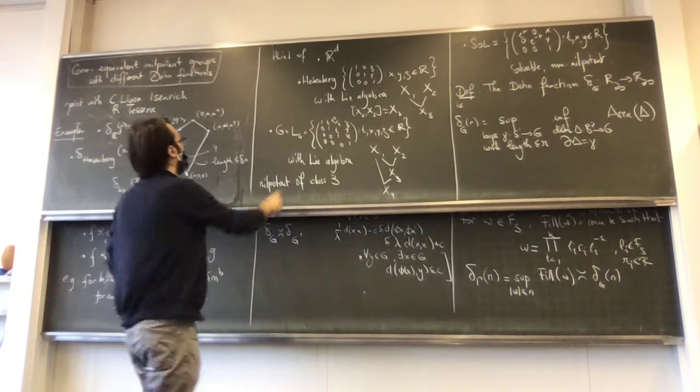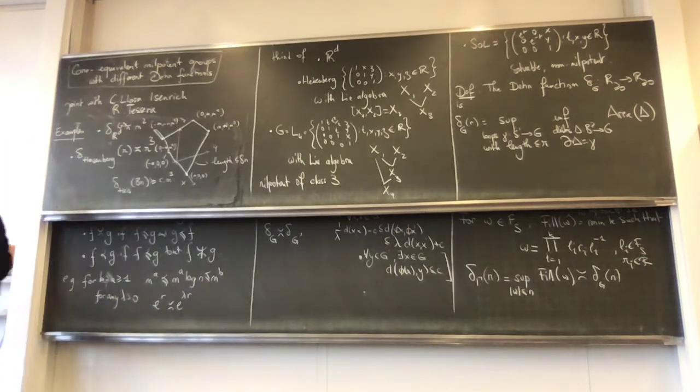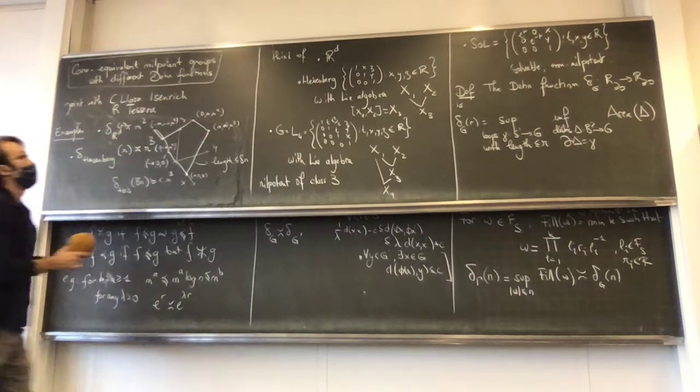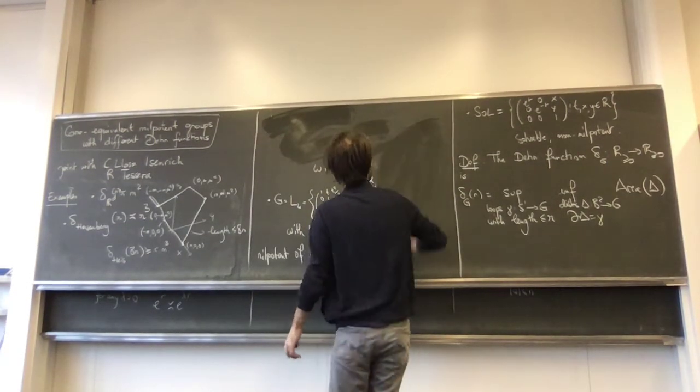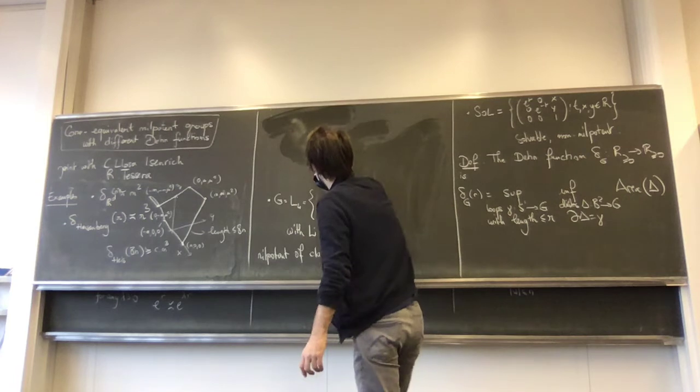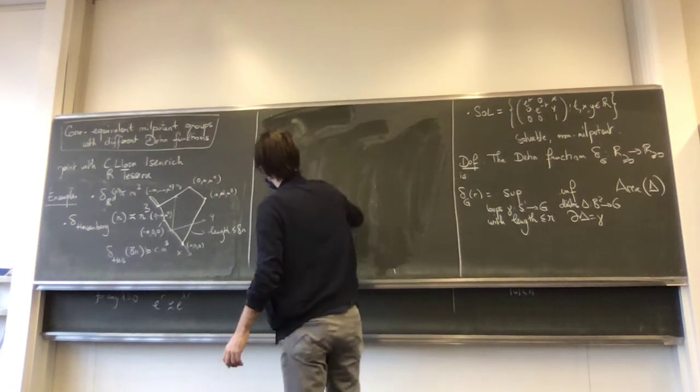So for L4, it happens that it's n to the 4. And in fact, there is a general upper bound on the Dehn function, which is given by the nilpotency class.